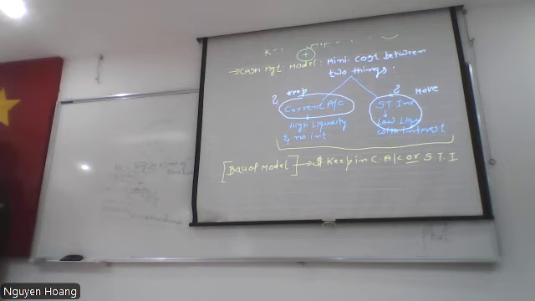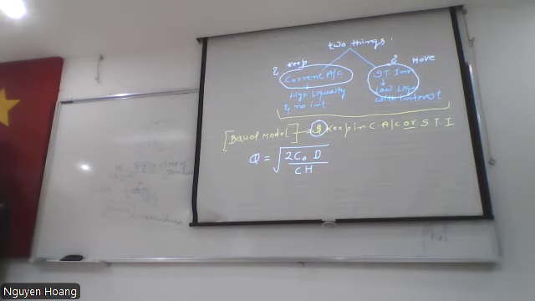So we have a formula. The formula is Q, where Q means amount, equals the square root of 2 times CO times D divided by CH. CO is the transaction cost.